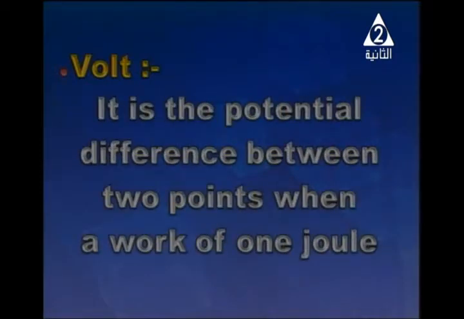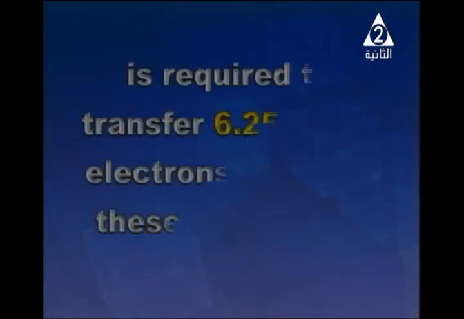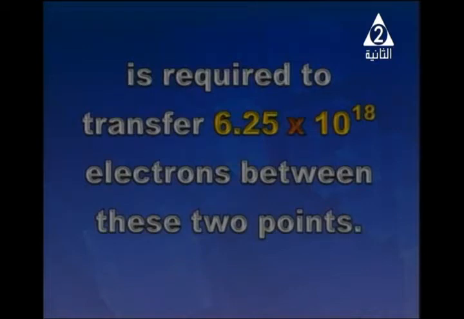It is the potential difference between 2 points when a work of 1 joule is required to transfer 6.25 times 10 to the power of 18 electrons, because this number carries a charge of 1 coulomb.